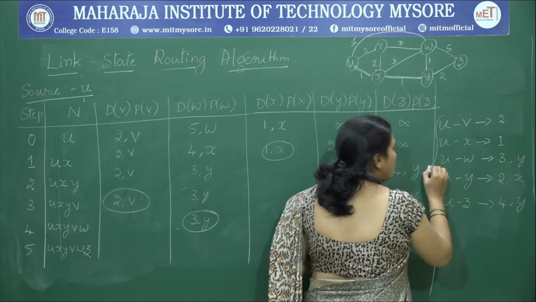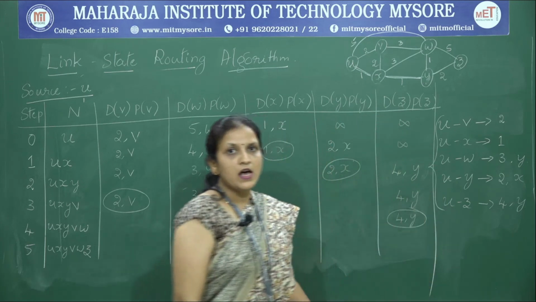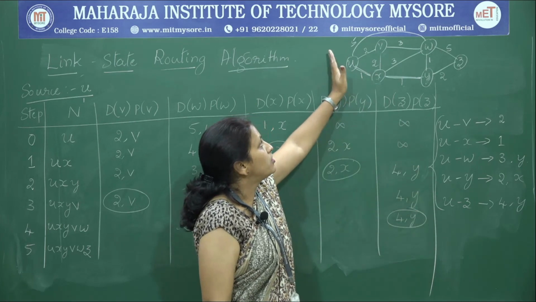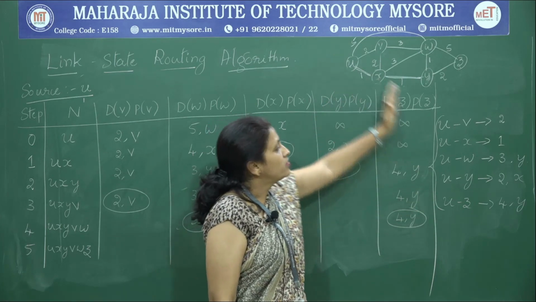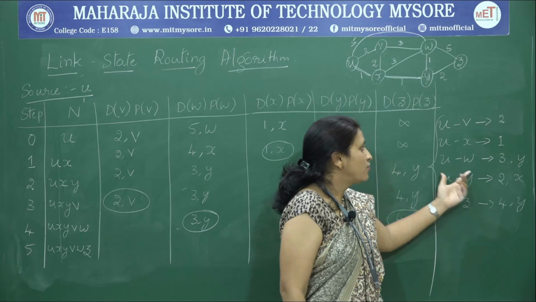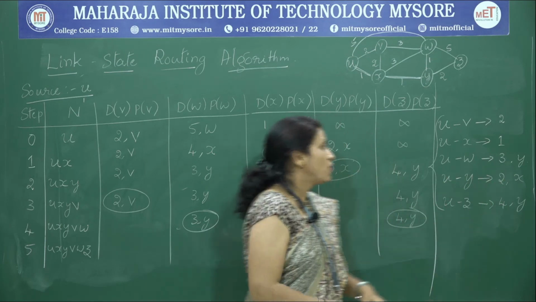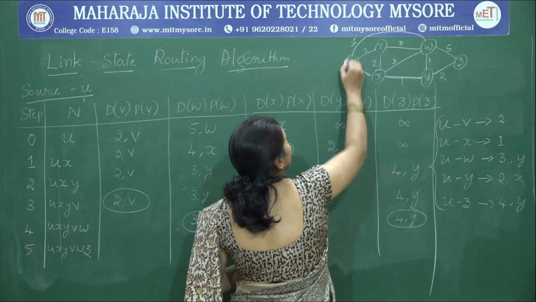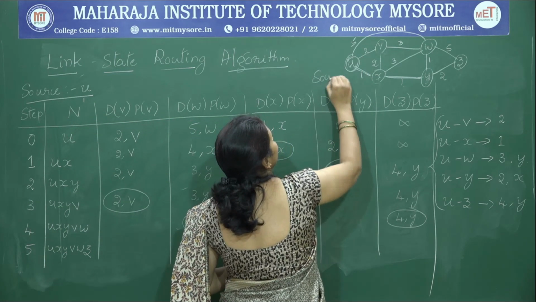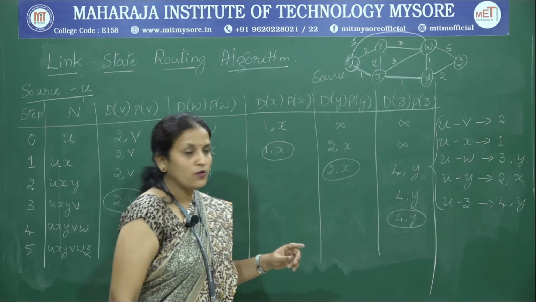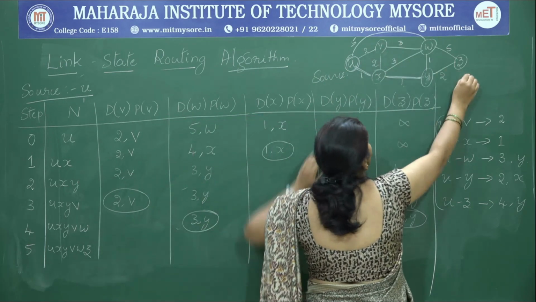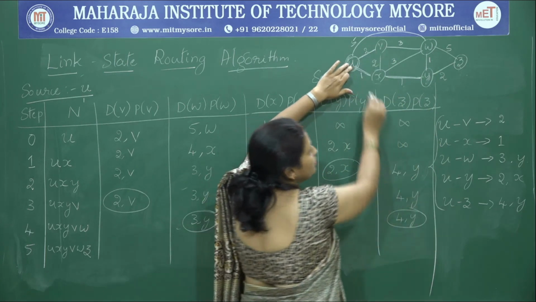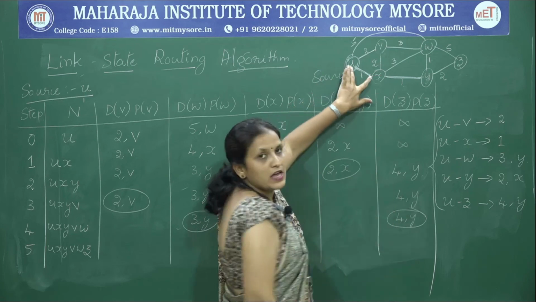So, these are the least cost paths or the shortest paths that we can have for this particular network with weights for each of these routes. So, now we have determined the shortest path from the vertex U, which is considered as source in our example, to all the vertices here. From U to V, it is direct with cost 2. From U to X, it is direct with cost 1.